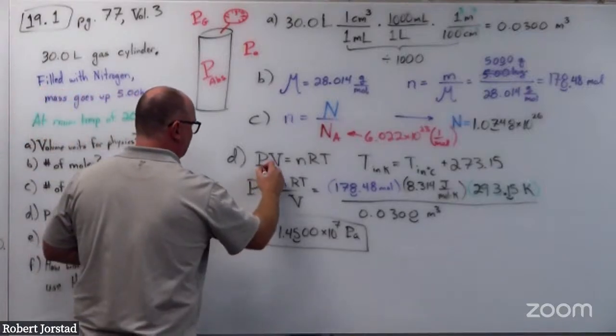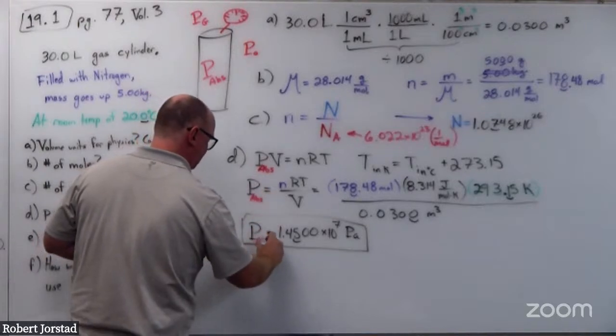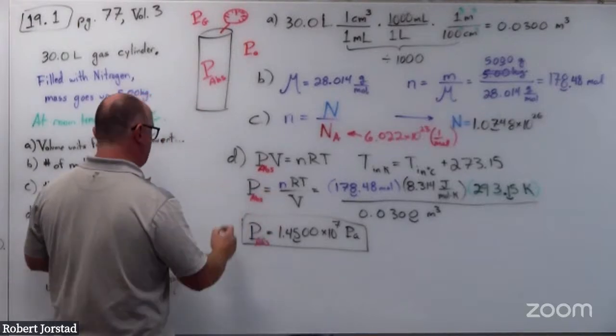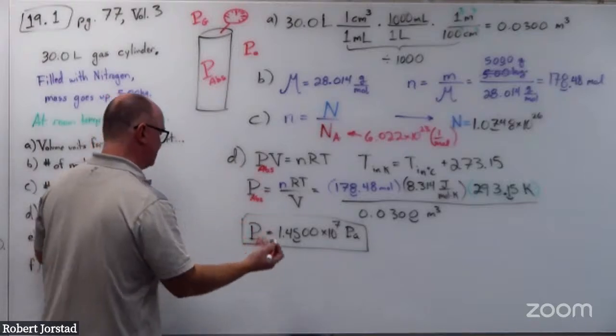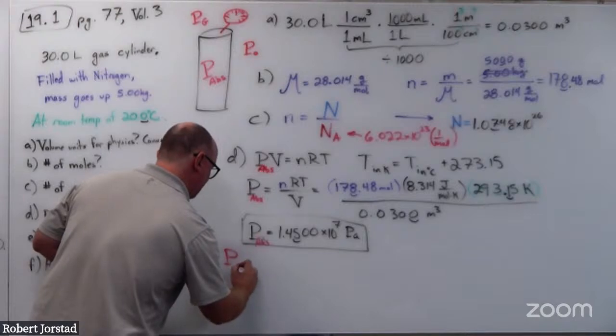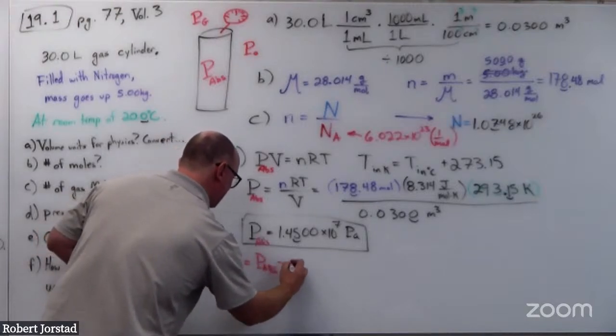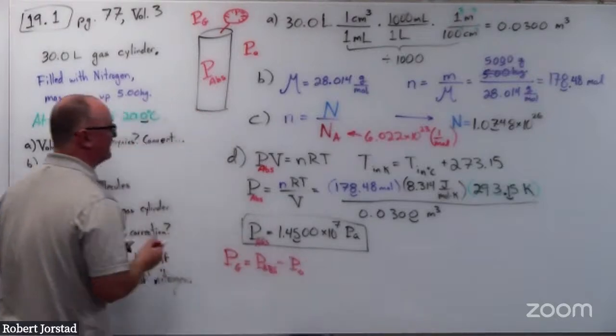So if we call this absolute pressure, the pressure of the gauge is equal to pressure absolute minus atmospheric in this case.